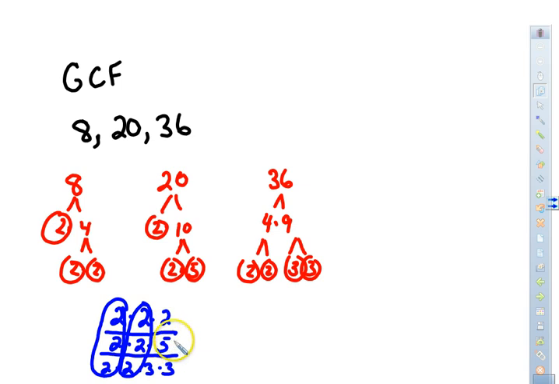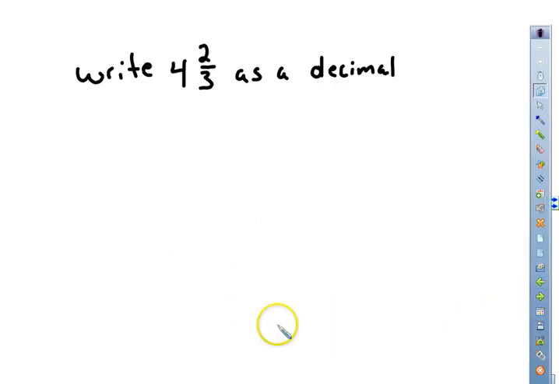Even if there was another 2 here, it's got to be in all 3 of them. So now you take this group of 2's and that group of 2's, and you multiply them together, and your greatest common factor is 4. It's the largest number that will divide into each one of those numbers equally. Okay, so greatest common factor is 4.